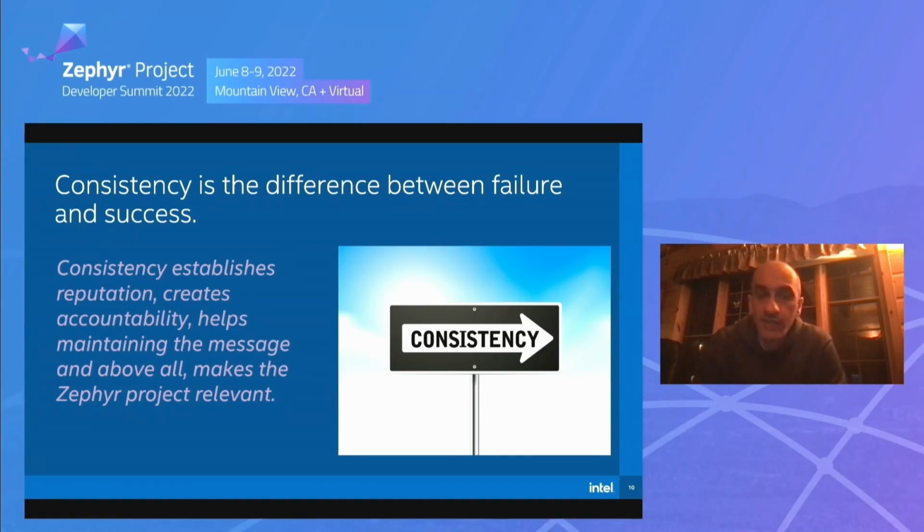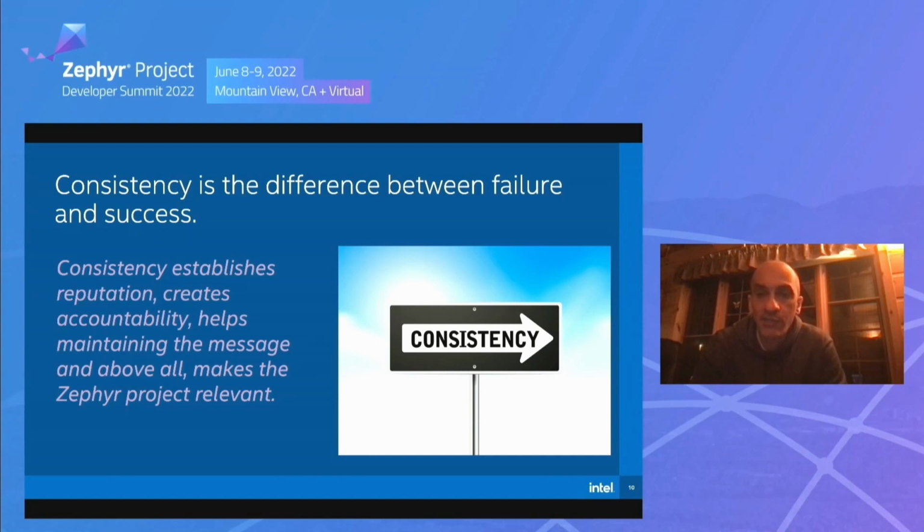So during this conference or developer summit, there will be a few talks going into this topic. It is definitely something that users and developers of Zephyr appreciate and value, and I think this is something that we need to continue to maintain.